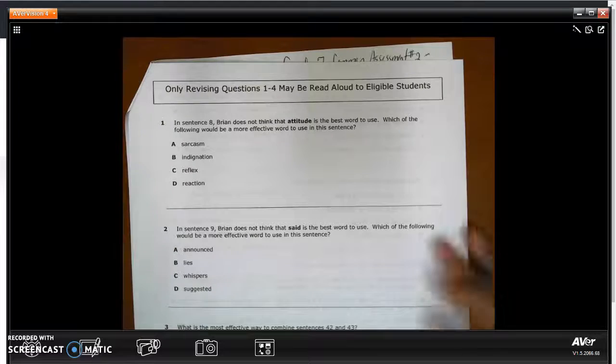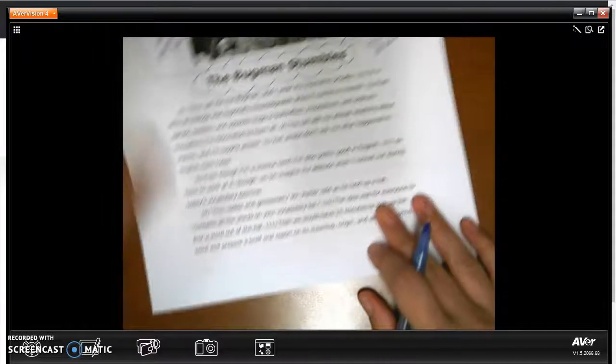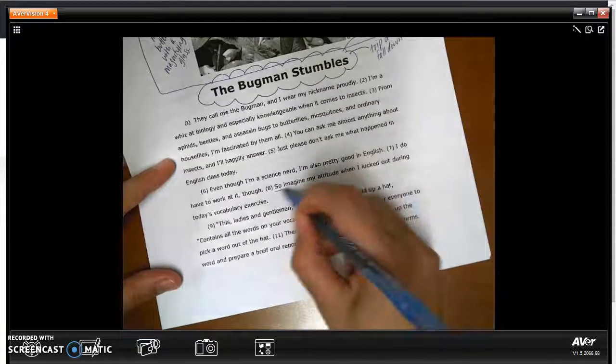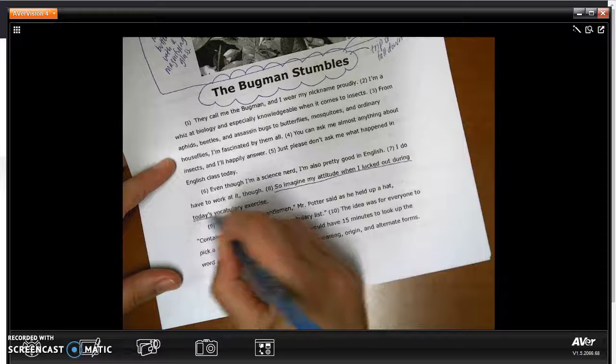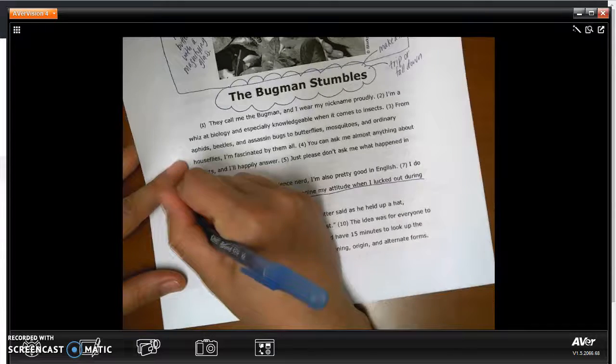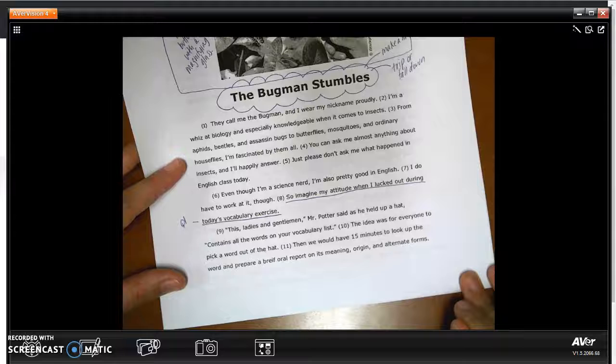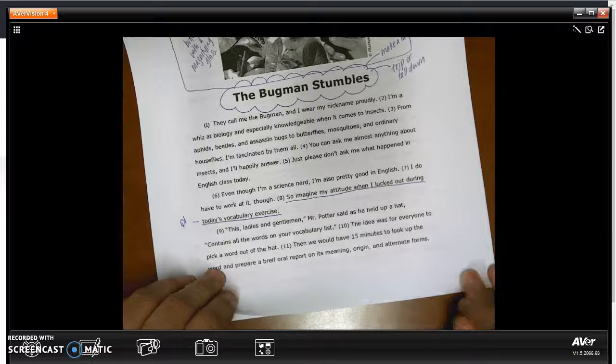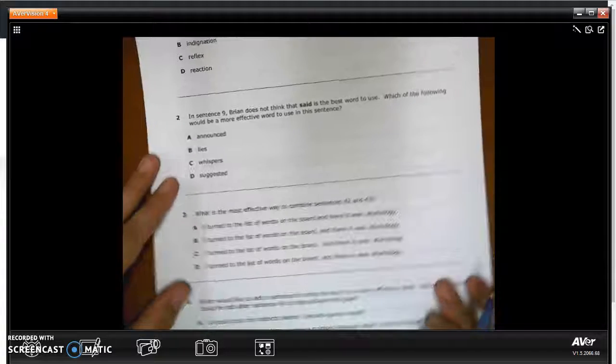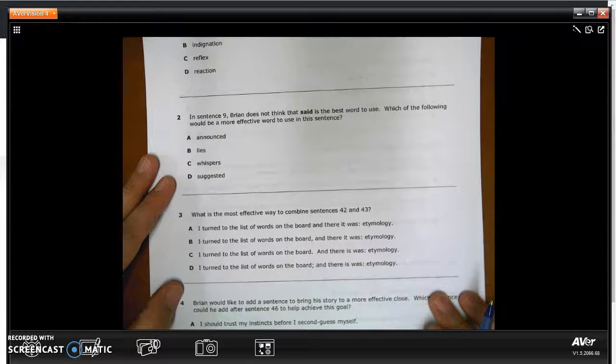Just like what I would do with my reading test, I'm going to go to the front, find sentence 8, underline that right here, and put a Q1 off to the side of it. Question 2. In sentence 9, Brian does not think that said is the best word to use. Which of the following would be a more effective word to use in this sentence? So again, I'm going to go to sentence 9.